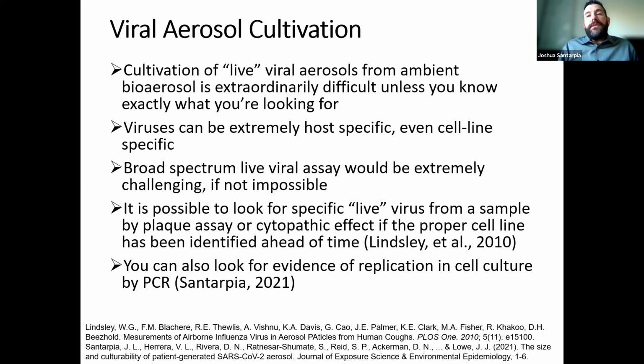Besides just the traditional methods, you can also use molecular methods as well. I would almost say using it as a crutch, although I've actually become much more attached to having the confirmation by PCR, showing that even if I'm seeing cytopathic effect or cell death in my system, I also see that the virus I'm interested in cultivating is replicating at the same time.